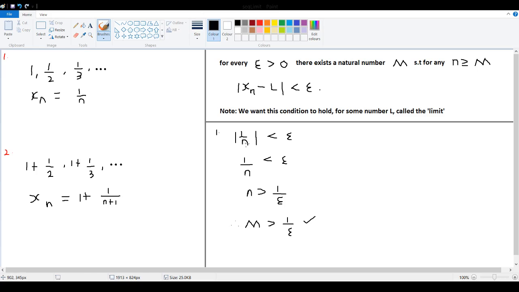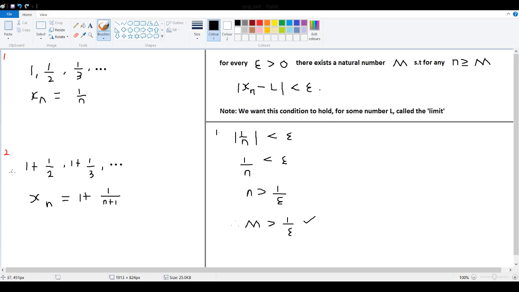That would essentially be saying once n is 3 or more, 1 over n is smaller than a half. So a third is smaller than a half, a quarter is smaller than a half, and so on. So that's all you're doing. You're picking an error term. You start with your error term, then you find a big M, such that past this point in the sequence, you are close enough to L, your approximation.